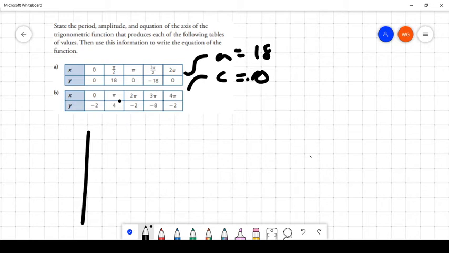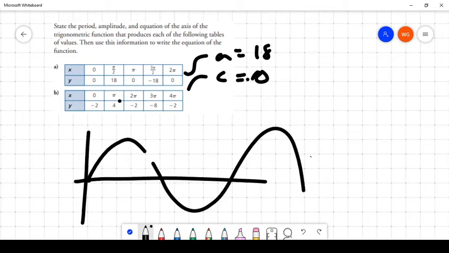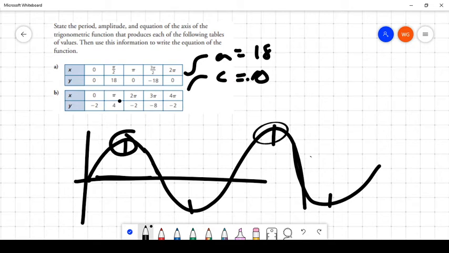Now, if you look at a graph, the most common way that students like to figure out period is to find the distance between two peaks or two troughs, right? The repeating feature of a peak occurring, however much distance it took for that to happen, would be the period of the graph.